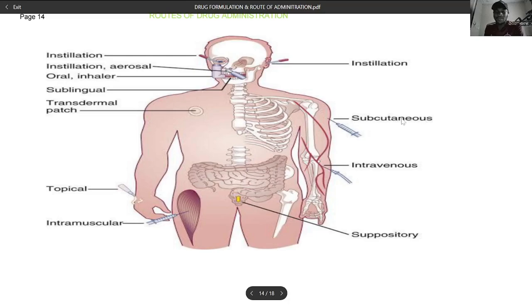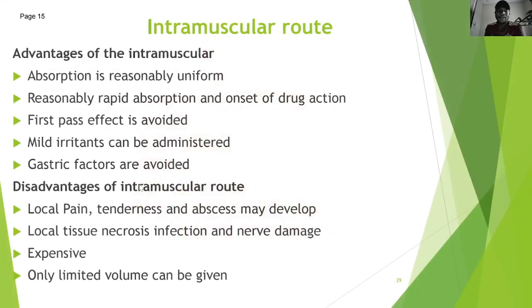Subcutaneous, just a little bit below the skin. Intravenous, you're introducing drugs into the vein, the venous system. Suppositories or enemas through the anus. Intramuscular, you're introducing the drug into the muscles. And topical application, which includes creams, you're applying the drug directly on the skin.